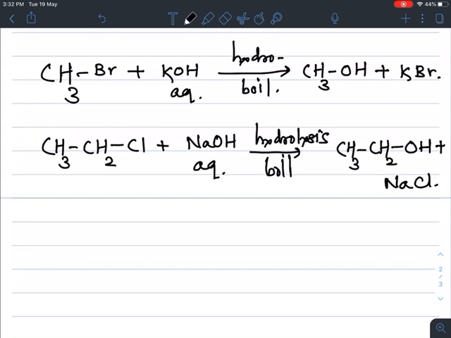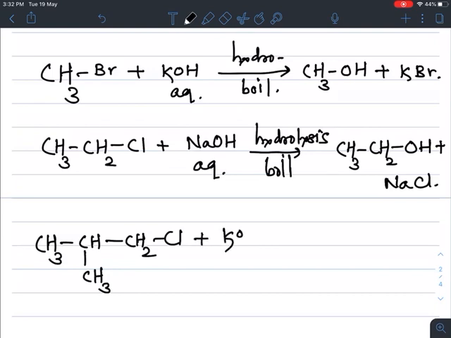If we take one more example, CH3CH2Cl, when it is treated with aqueous KOH, aqueous NaOH or moist silver oxide, what is the product? Complete the reaction. It undergoes hydrolysis.